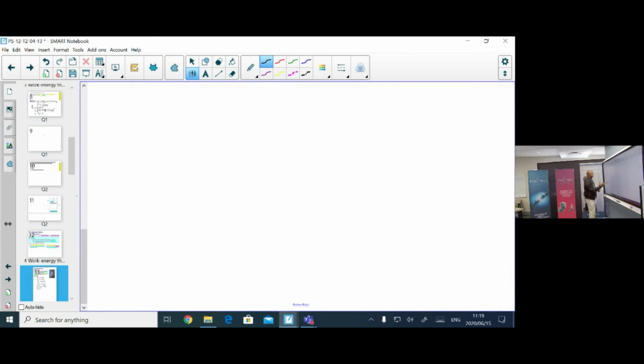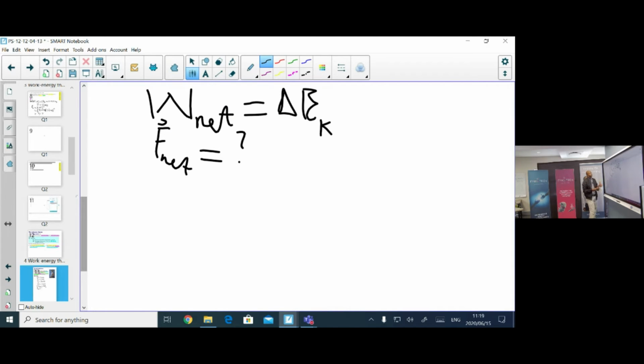We all know that work is equal to the force, in other words F net, change in x, cos theta. Because it is horizontal, that is change in kinetic energy.